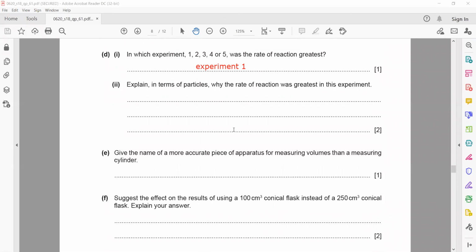More particles are there, a higher concentration of thiosulfate, so more collisions. More particles of thiosulfate, so a greater number of successful collisions that leads to a faster rate of reaction.